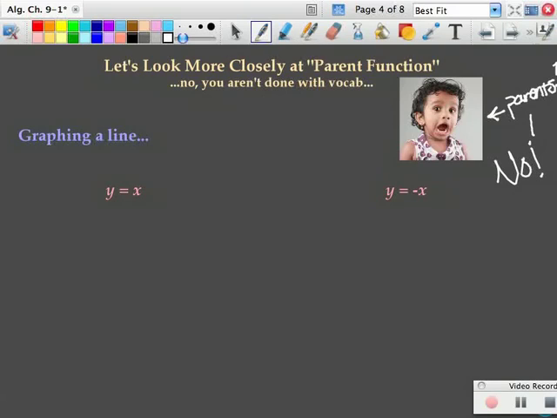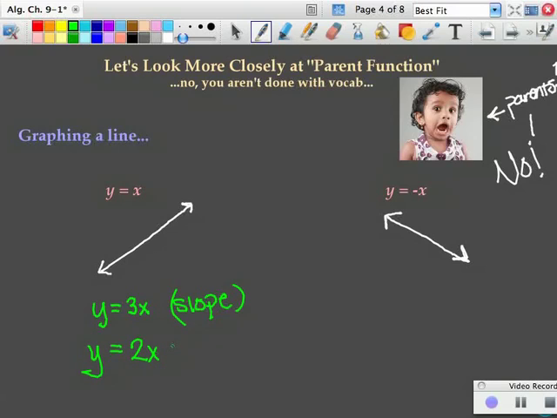So think about when we had y equals x, and we just graphed a line, and it looks something like that, right? Or we had y equals negative x, graphed a line, something like this. Well, then we could have something like y equals 3x. Now the slope has changed, so we changed the slope. Or y equals 2x plus 6, then we change the y-intercept.